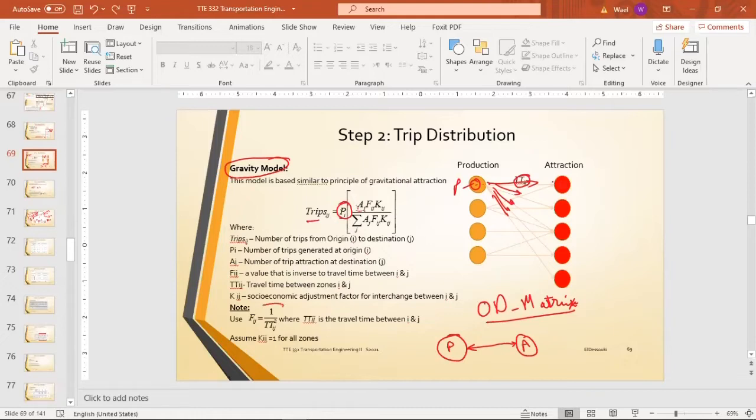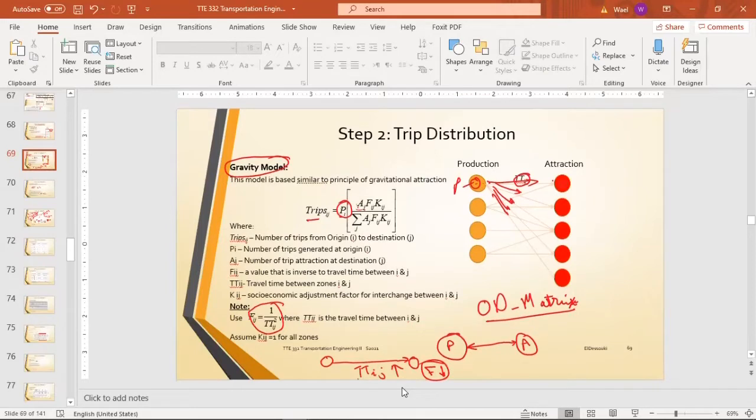And in our case, for example, we take the inverse of 1 over travel time squared between I and J. That means if we have two zones far from each other, so the travel time between I and J is very high, the friction or the pulling force will be low. So the friction is inversely proportional to the travel time. Any questions so far? Okay.